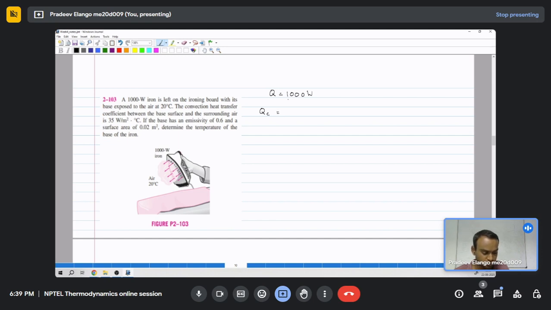Q by convection is HA delta T, whereas Q by radiation is emissivity into sigma T1 power 4 minus T2 power 4. Is there something else for radiation?